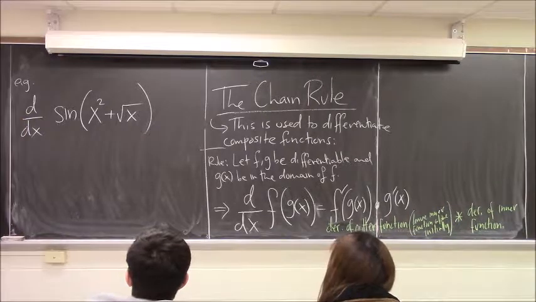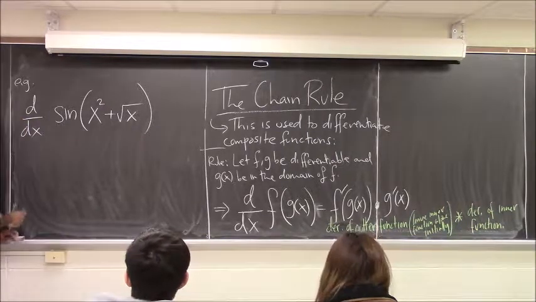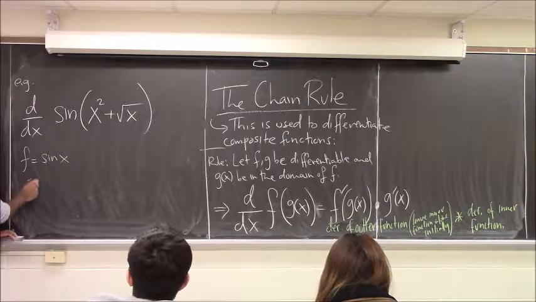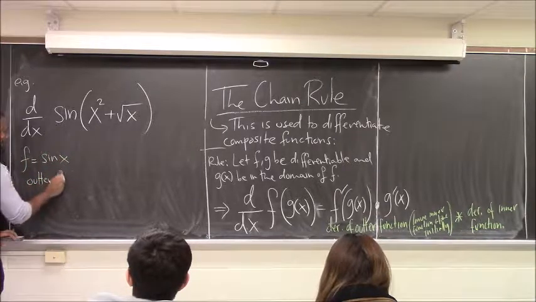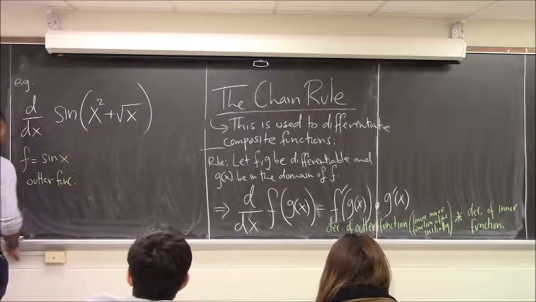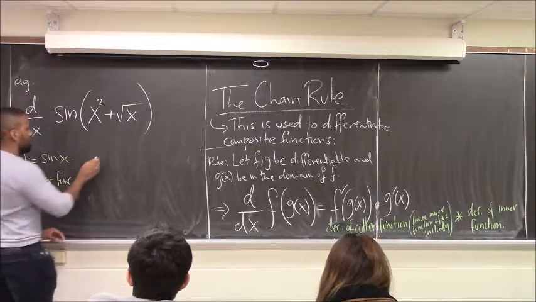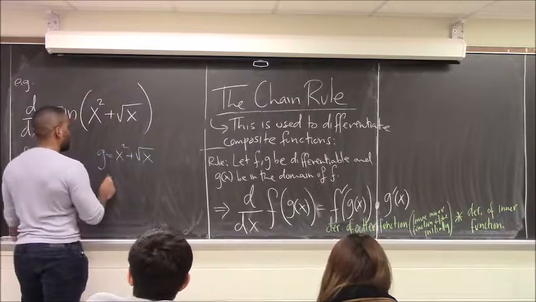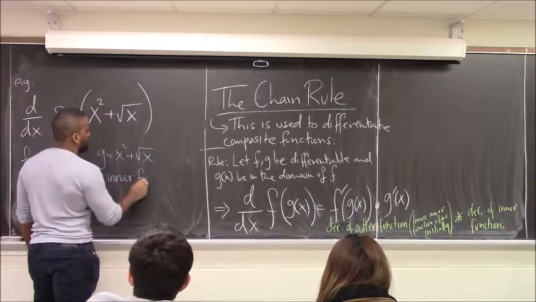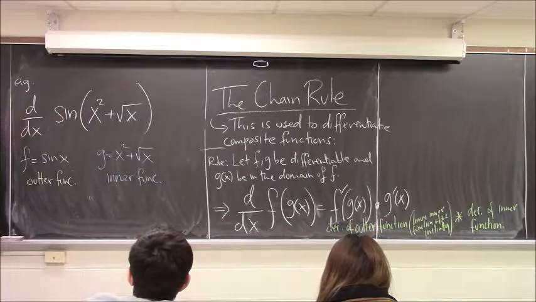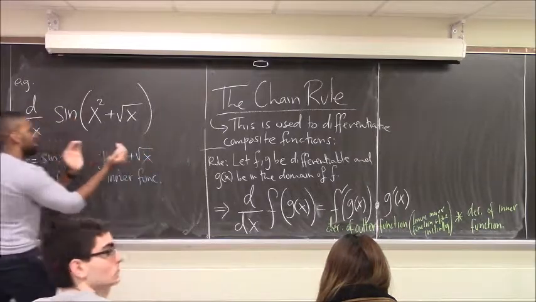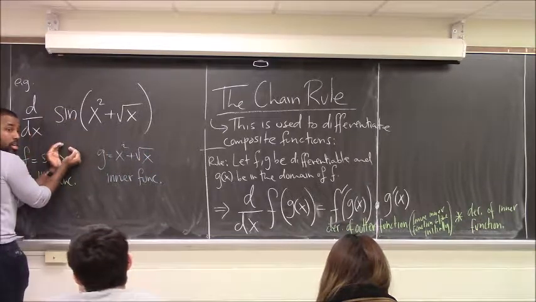One way you can dissect this in your head is to realize that I can take f equals sine x to be the outer function, and I can take g equals x squared plus square root of x to be the inner function. To create this function, you took this one and plugged it inside of this one.